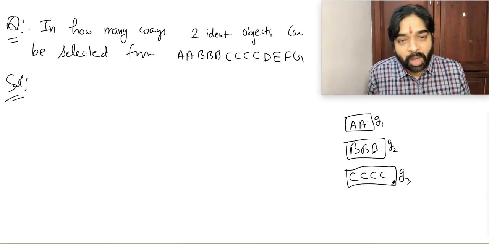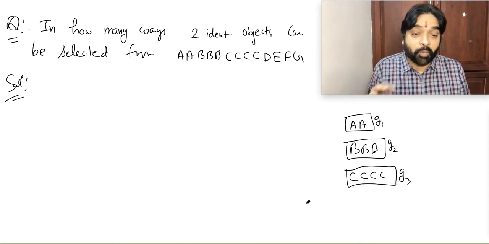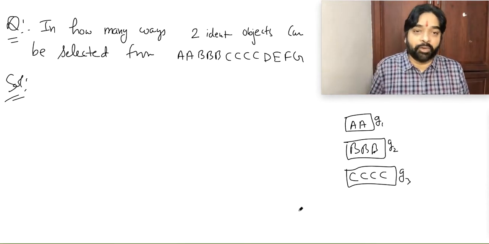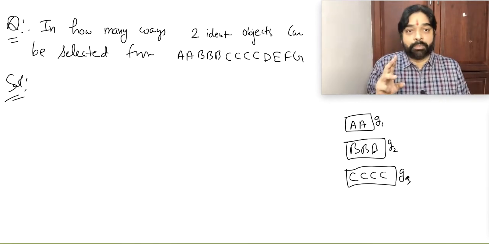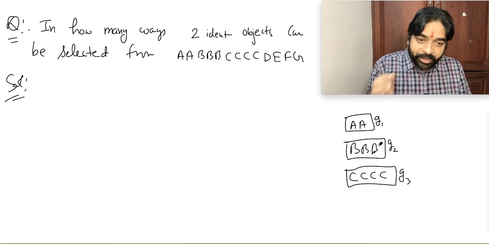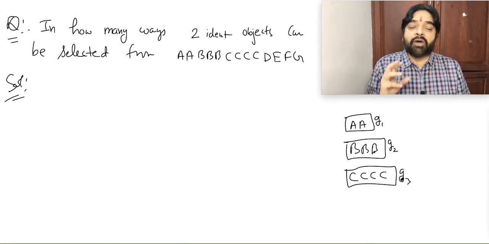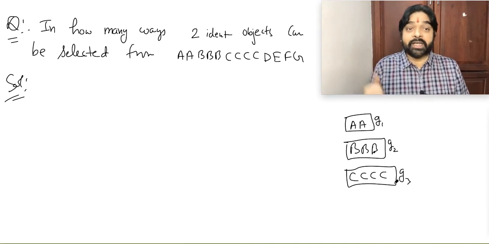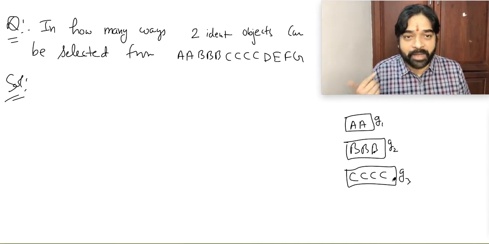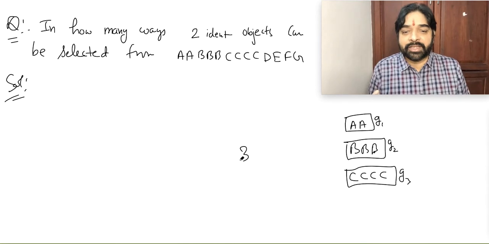So I will select 1 group out of 3 groups. Listen very, very carefully. There are 3 different groups, not objects. Out of these 3 different groups, I will select 1 group. For different objects, the nCr formula is very much valid. I will say that it is 3C1.